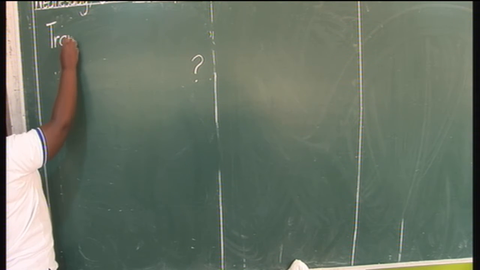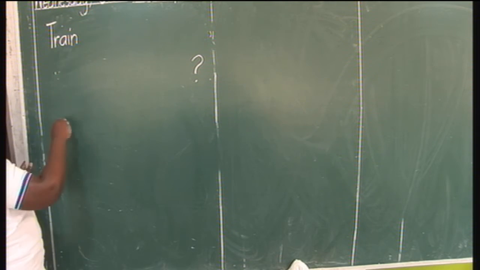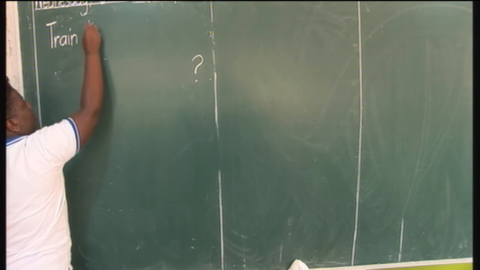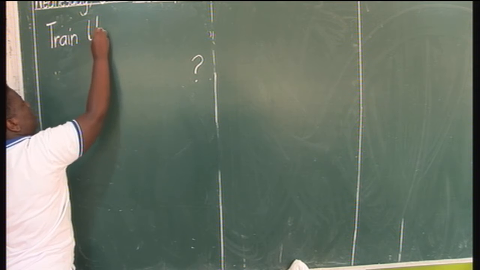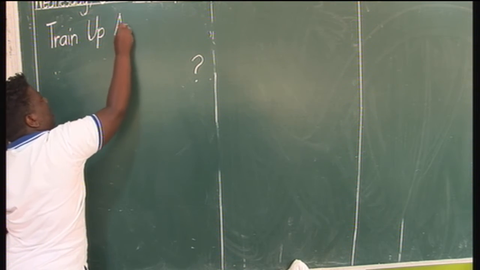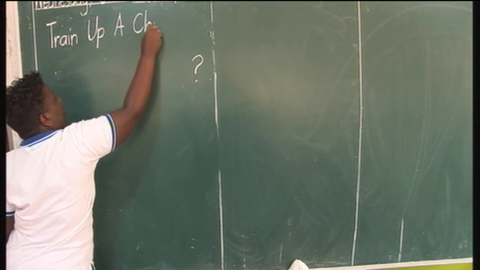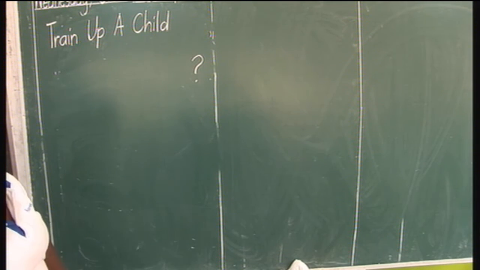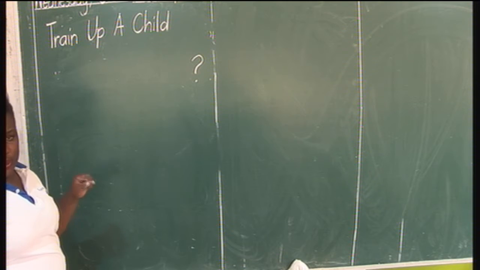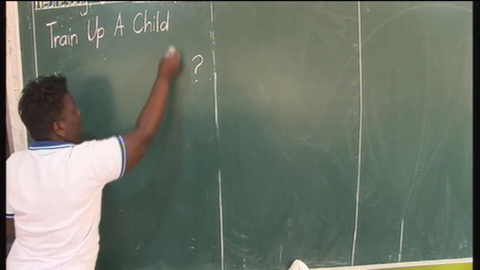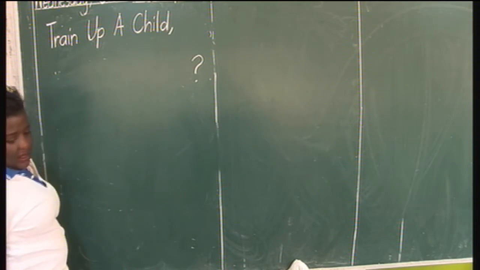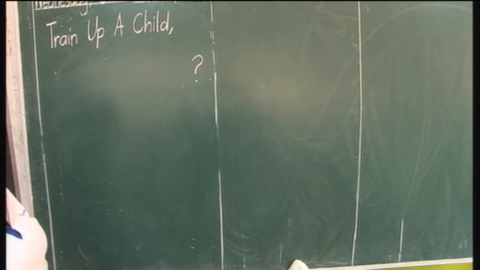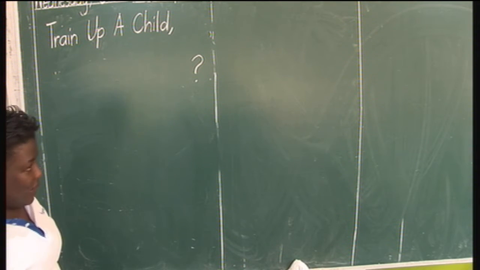So when you're writing a letter, you begin with the address. Train Up with a capital U, Train Up a Child. Okay? So after Train Up a Child, we put a comma. After Train Up a Child, we go to the box number.